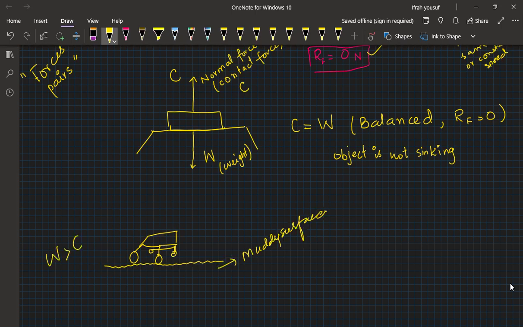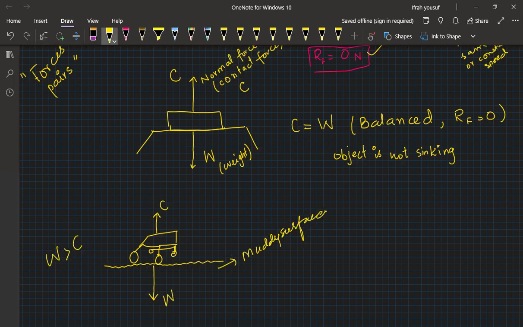What is going to happen? The car starts to sink, right? Why? Because the weight has become greater than the contact force. So we are going to draw the weight arrow larger and the contact force arrow smaller.